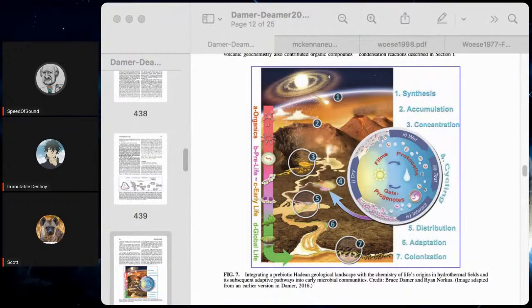Yeah. So here's the illustration again: the synthesis, accumulation, concentration, distribution, and then the most important part is 6. That's where we probably take the most flack as to how these extracellular matrices formed and how all of these enzymes formed and how they adapted. There was a mess of quadrillions of different little test tubes merging with each other, eating each other, absorbing each other, and dividing again and forming different combinations.